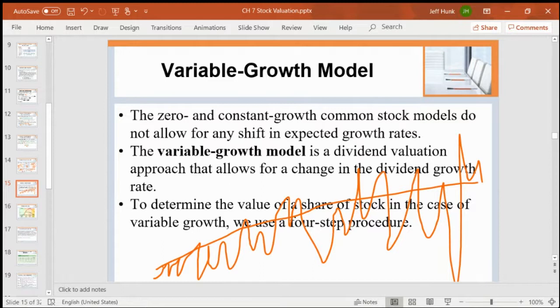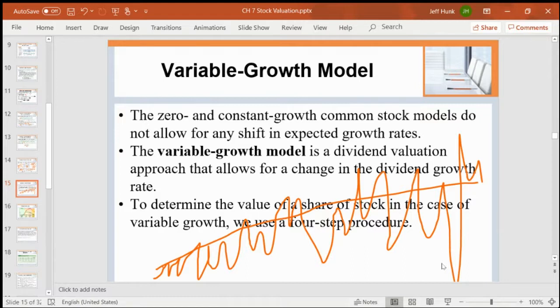But from a higher macro perspective, you can see why we are comfortable with using a constant growth model, and that's basically based on the assumption that the company is growing at some steady rate.